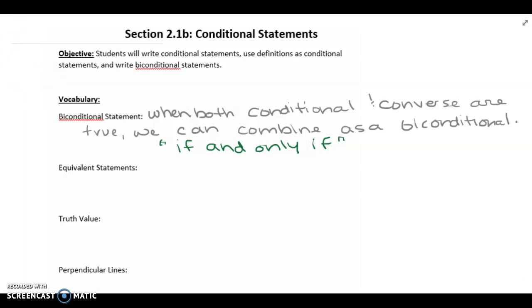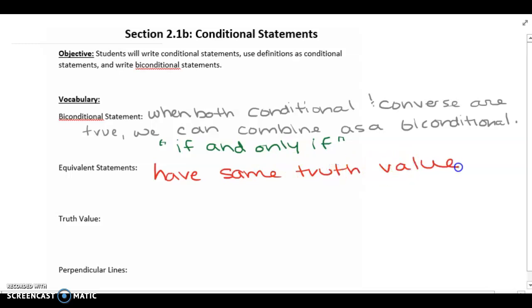Equivalent statements, guys, are statements that have the same truth value. So equivalent statements, we have the conditional and the contrapositive.